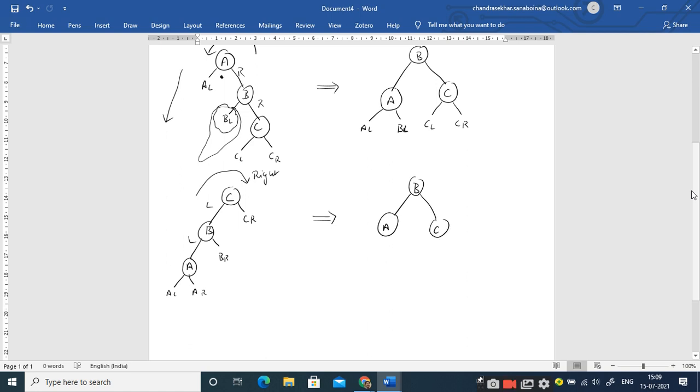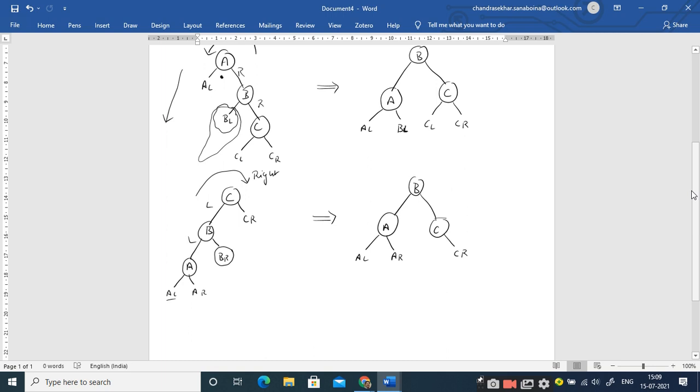What happens to the left child of A? It remains as it is, no problem. The right child of A remains as it is, and the right child of C remains as it is. But you should consider what happens to the right child of B. Where should I place BR?